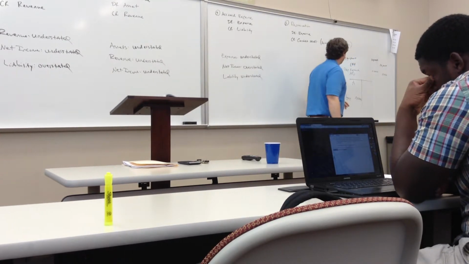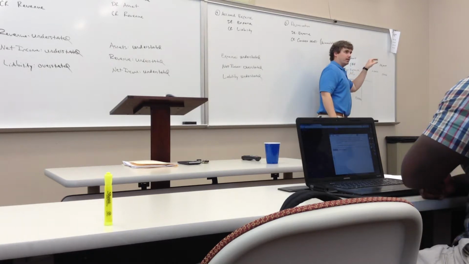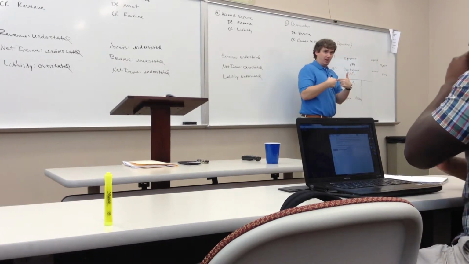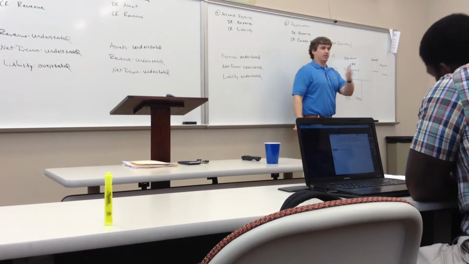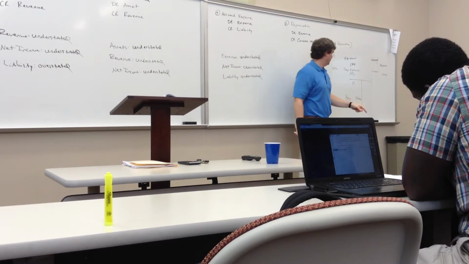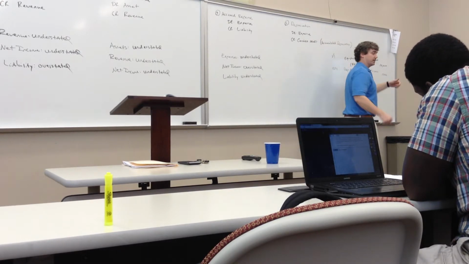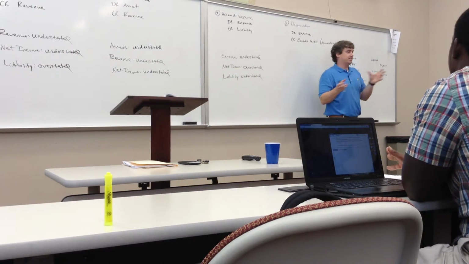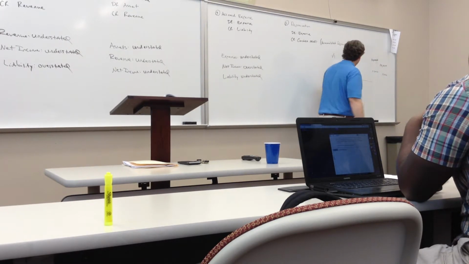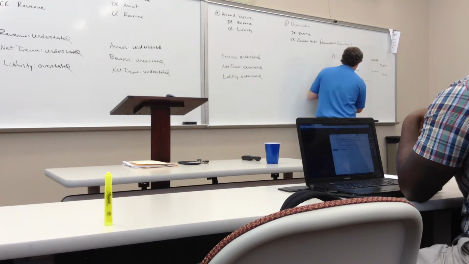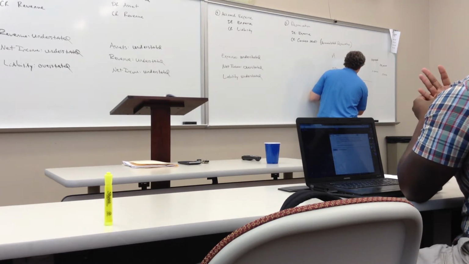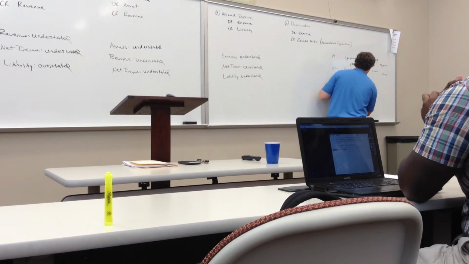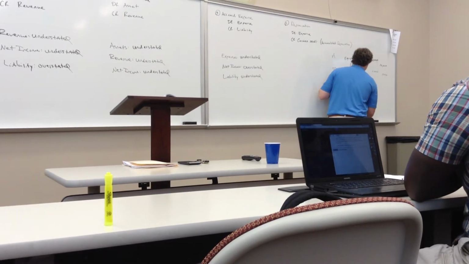Which means what? This hits the income statement, so I get charged as an expense for the loss of value in my assets. This is a contra what? Asset, so it hits what? All assets hit the balance sheet, right? So this is going to hit the balance sheet. Accumulated depreciation, it's a contra asset, so it has a credit balance.